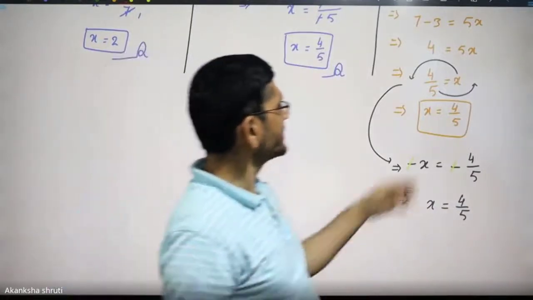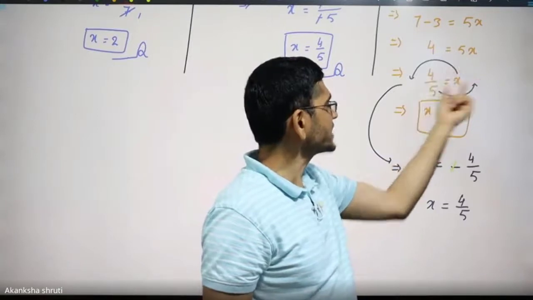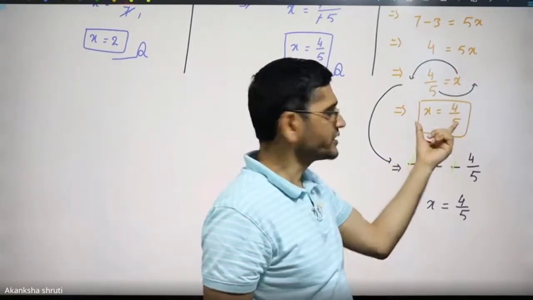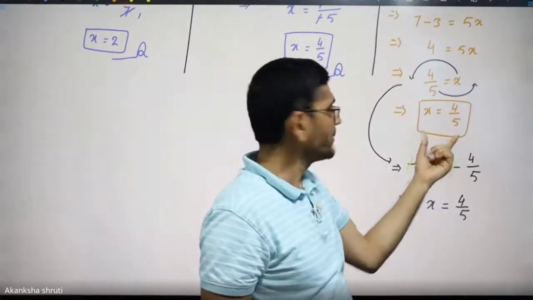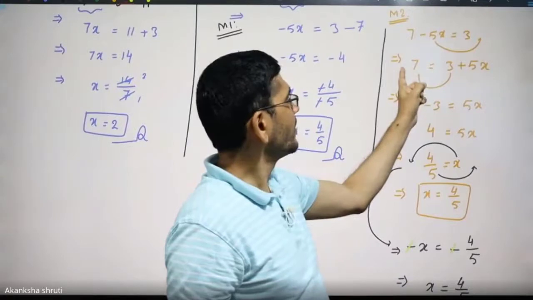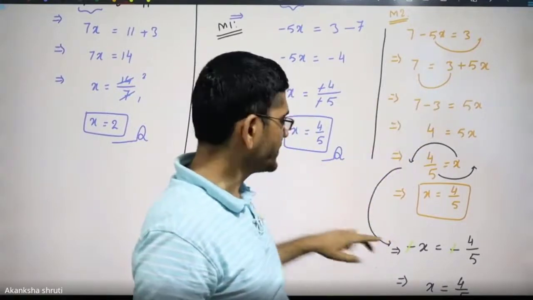So if we are totally changing the side of all the terms, no need to change the sign. But if you are changing only one of the terms to the other side, you need to change the sign. Okay, so keep in mind.